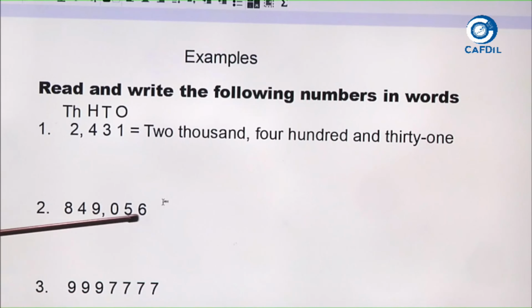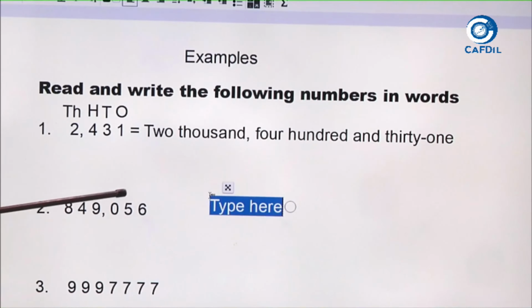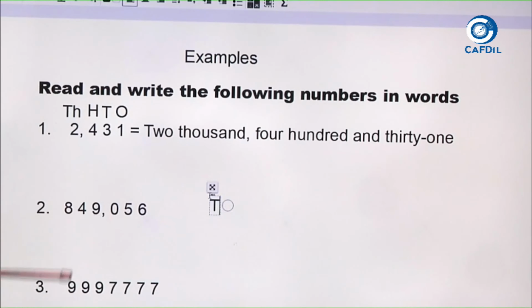Since it is in thousands, we have to bring the group names. So here we have the thousands. After the thousands, we have our hundreds, tens, and ones, just as we did for the first one. Look at the thousands.